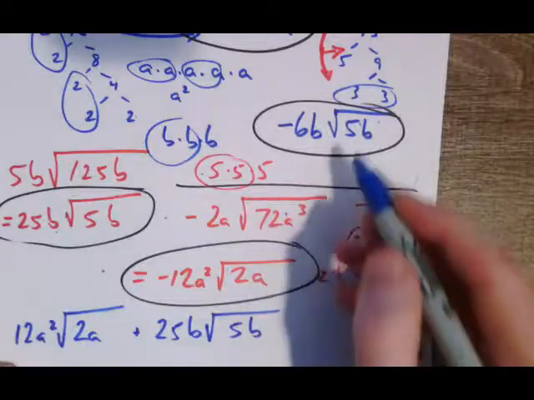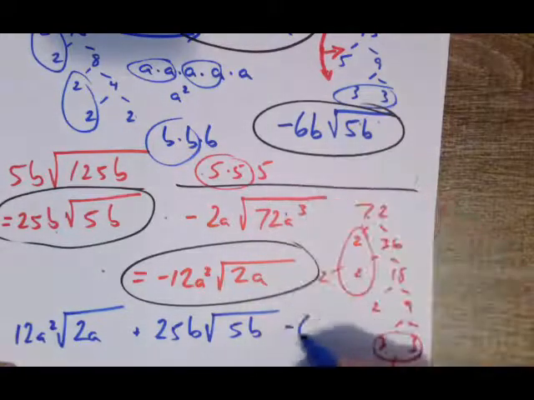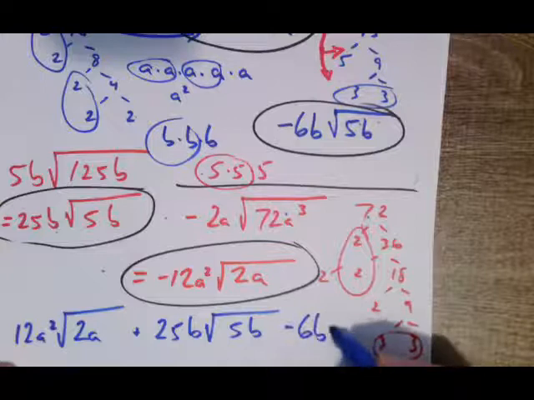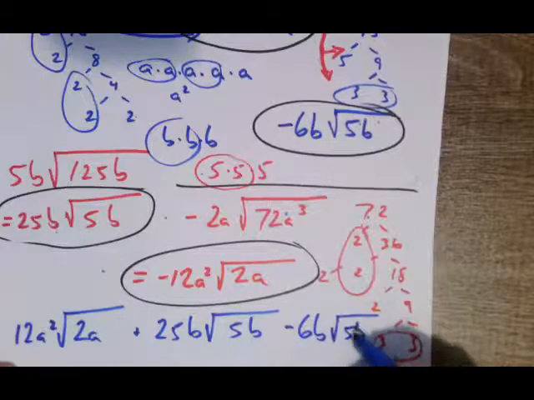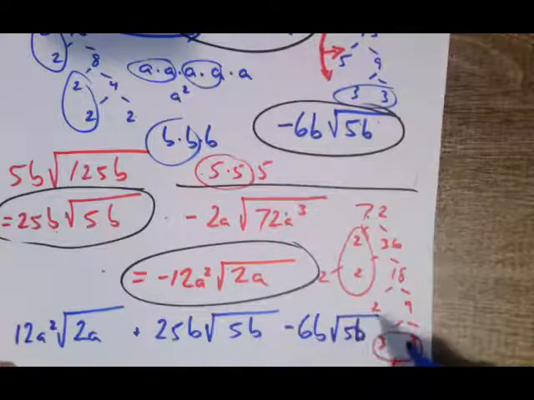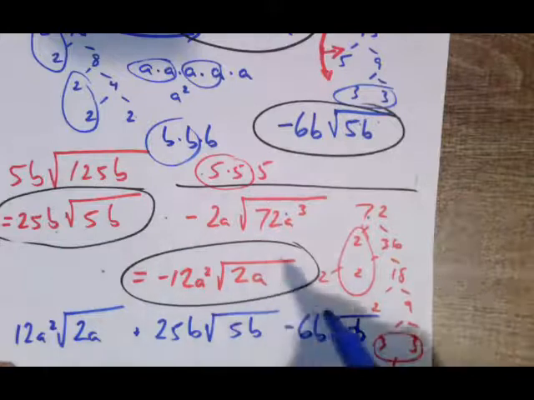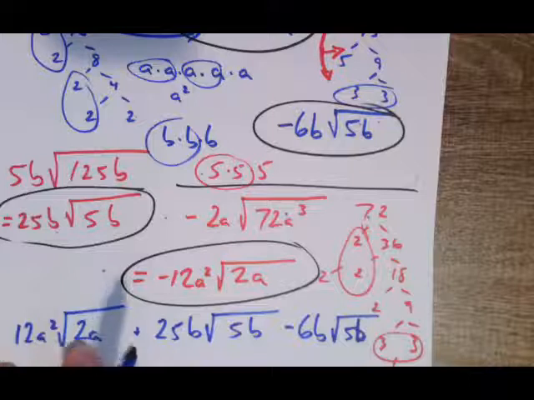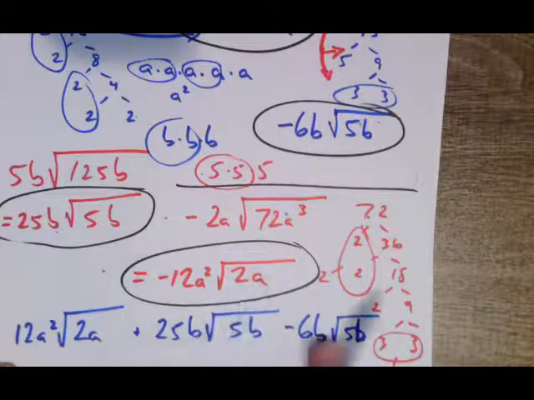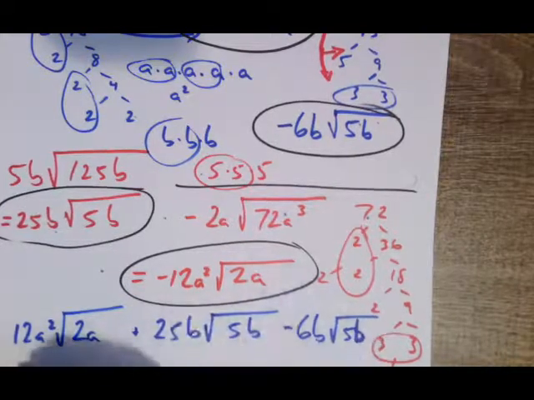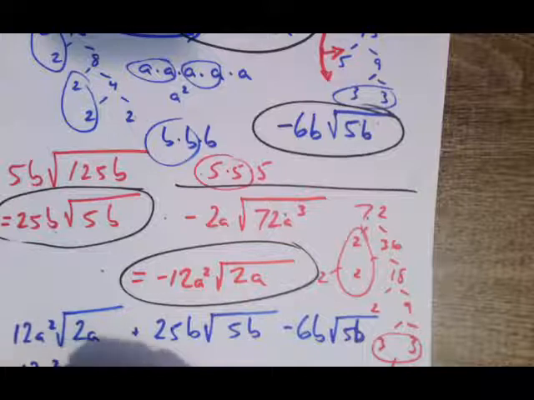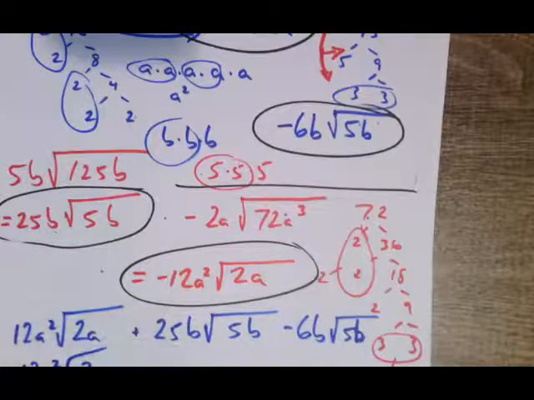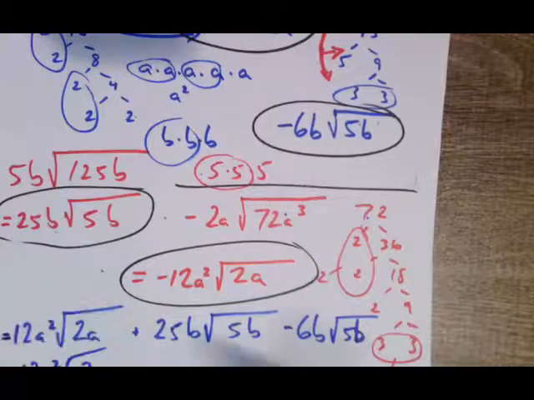Oh, I'm looking at this. Negative 6b minus 6b root 5b. Yeah, I went out of order. Doesn't really matter. Just get them all. Minus and then minus 12a squared root 2a. Well, look right here. Okay, so this is what it all equals.